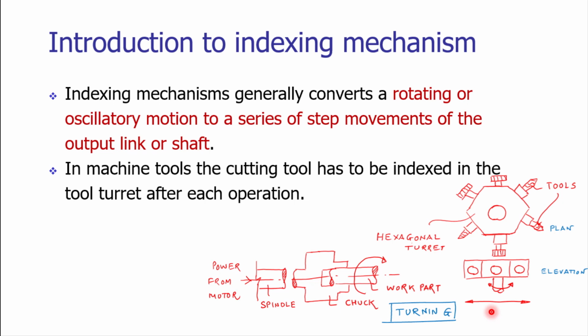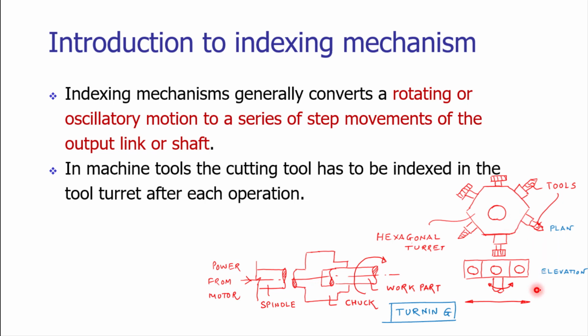So for this purpose, we are using a hexagonal turret. The shape of the equipment is hexagonal, that's why it is called a hexagonal turret. On the faces of the turret, we are mounting various cutting tools. So on your screen you can see this is the hexagonal turret.